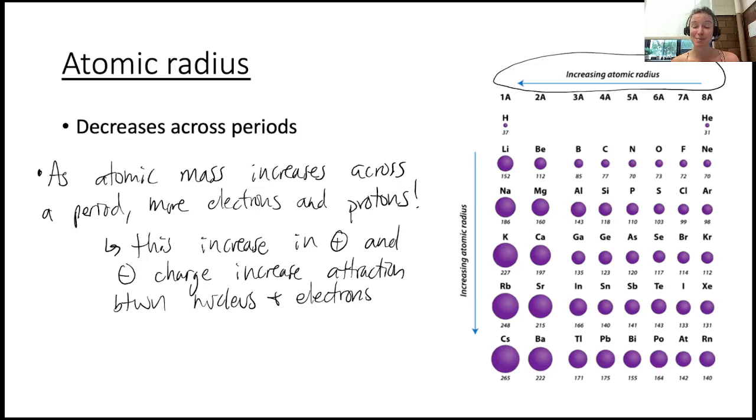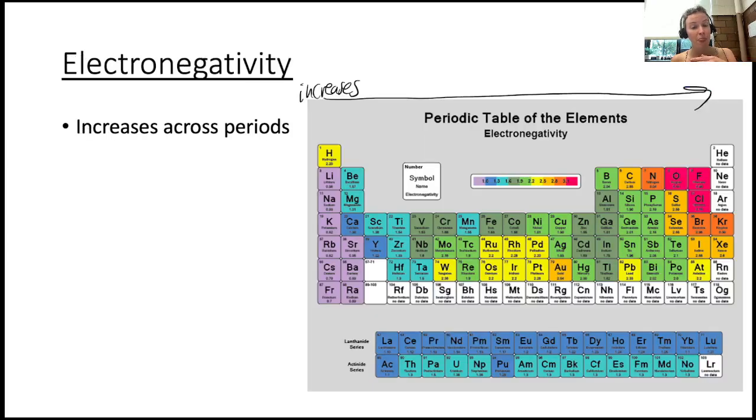So you can expect then, if that more positively charged nucleus is pulling on those negatively charged electrons as we move from left to right, then electronegativity should behave the same way. For example, fluorine up here is on the right side of the periodic table, which means its atomic radius should have been getting smaller.